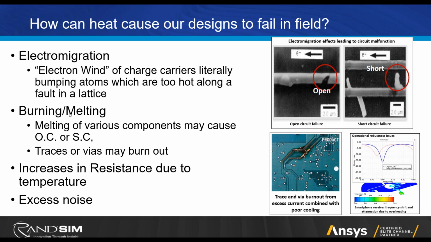And likewise, excess noise. One can envision a receiver that operates very well at room temperature, but once the temperature is raised and more thermal noise is introduced, the receiver could not work properly.